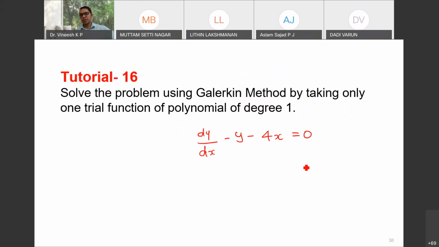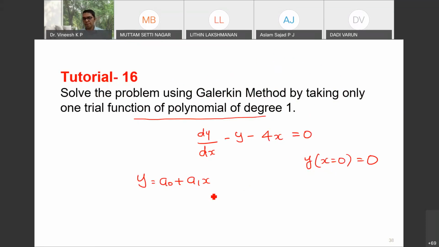The boundary condition is y at x equal to 0 equal to 0. Just consider a polynomial of degree 1, that means y you can consider as a0 plus a1 x. So you will get only y is equal to a1 x, a0 will be equal to 0.